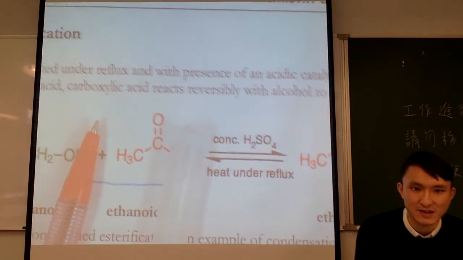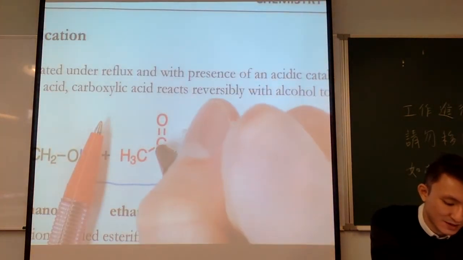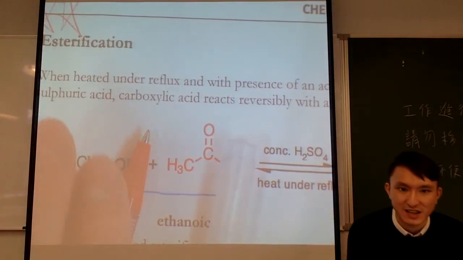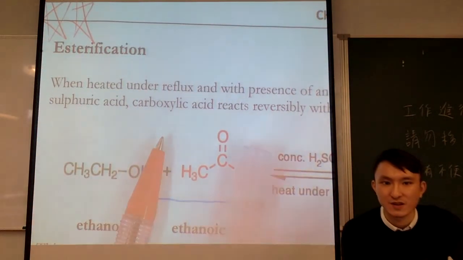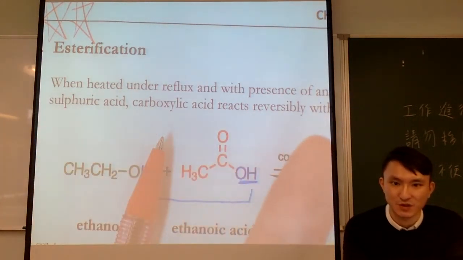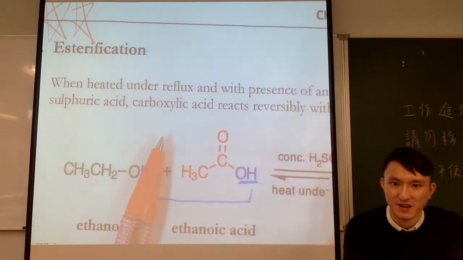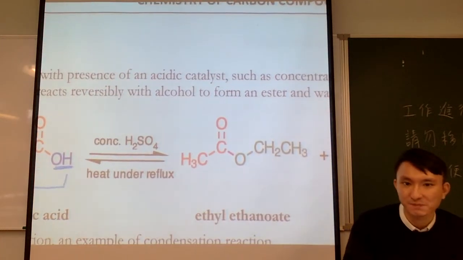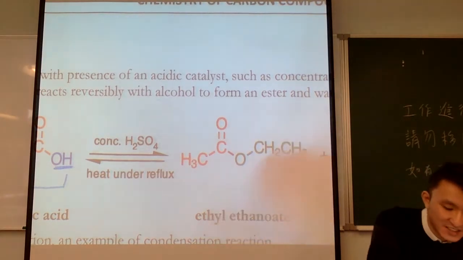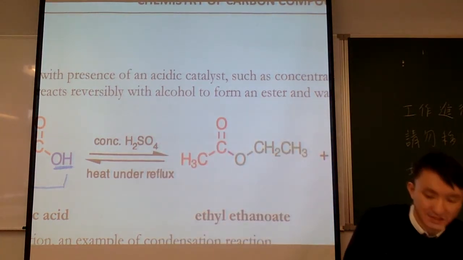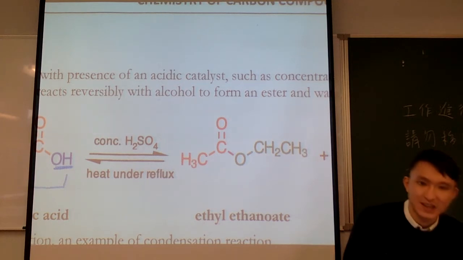Like this carbon connected to this oxygen, you kind of have this green part flip over to here, and then join with the carbon, then you will have this one. Okay? And the entire compound is called an ester. An ester. Okay? So this is the idea.